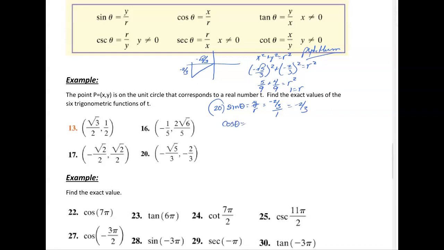Cosine of theta is x over r. X over r is negative square root of 5 over 3 divided by 1, which is negative square root of 5 over 3. And then tangent of theta, which is what we accidentally found a minute ago, was y over x. Maybe it was cotangent, I forget now.